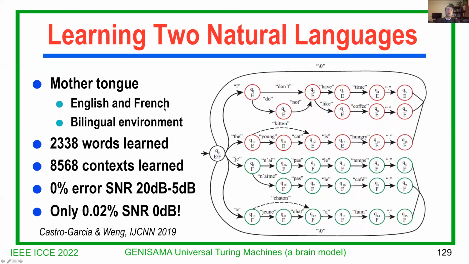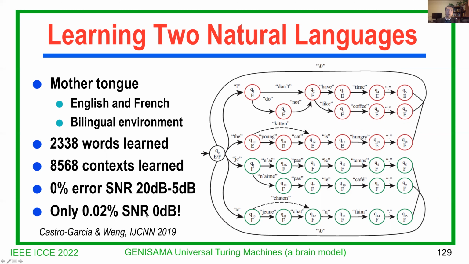In this case we have English and French in a bilingual environment, with over 2,000 words learned and over 8,000 contexts learned. Context is the meaning. And this DN has 0% error for signal-to-noise ratio from 20 dB down to even 5 dB. Even at 5 dB, with a lot of noise, it has 0% error.